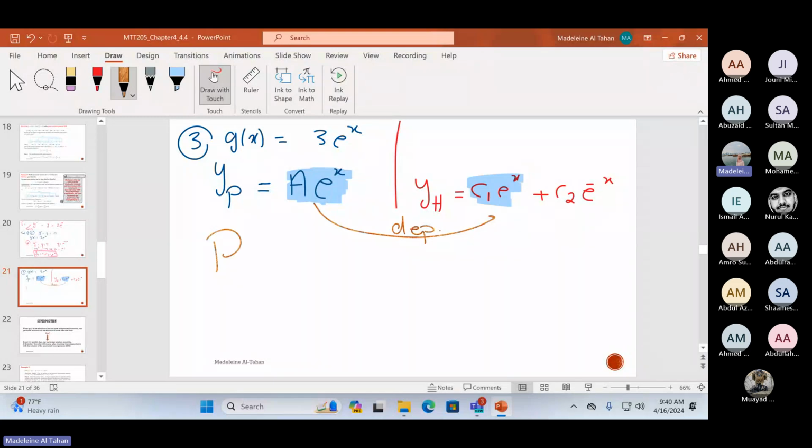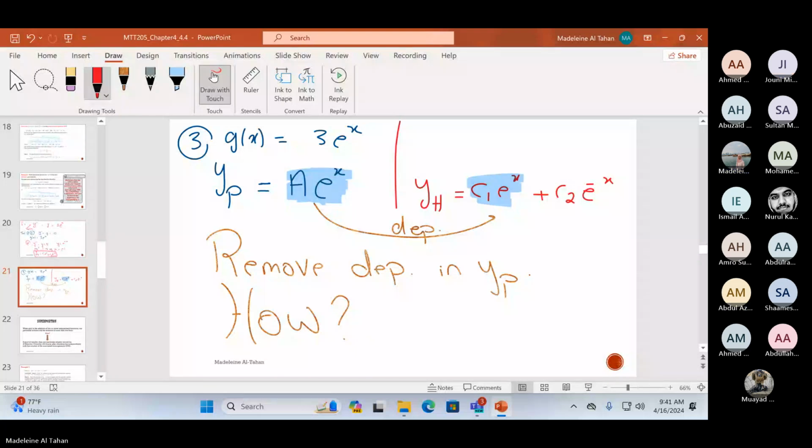Our aim is to remove the dependency in YP. How can we remove dependency? Do you still remember when we got double roots? How did we remove the dependency? Multiplied by x. Perfect. So multiply by x.